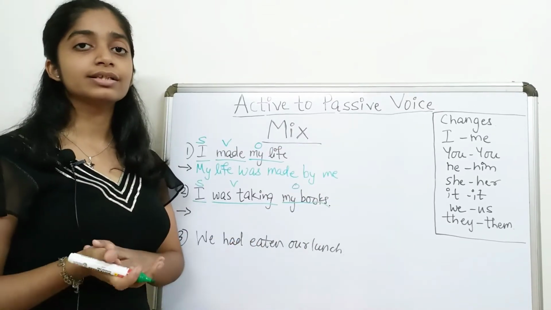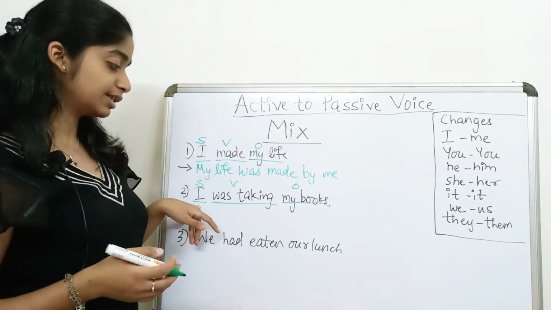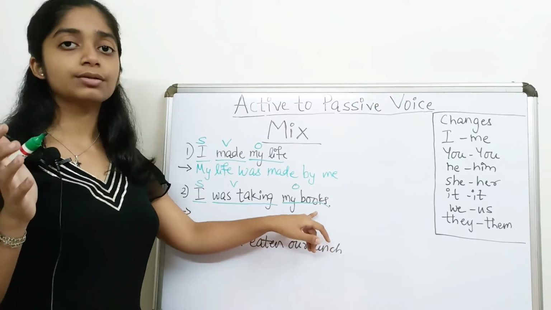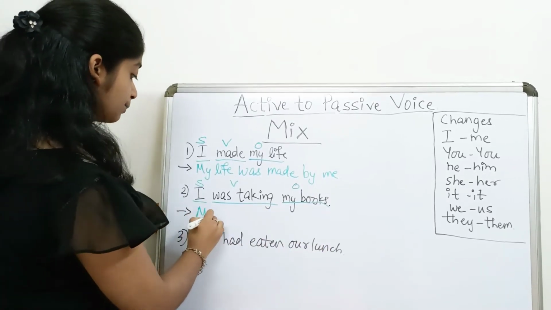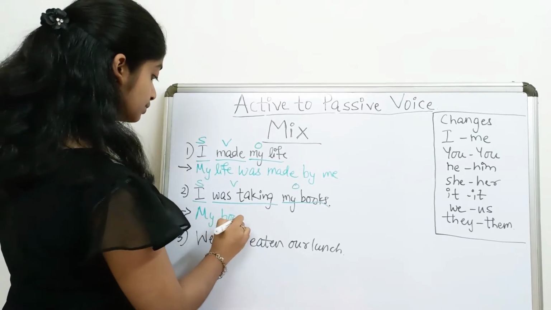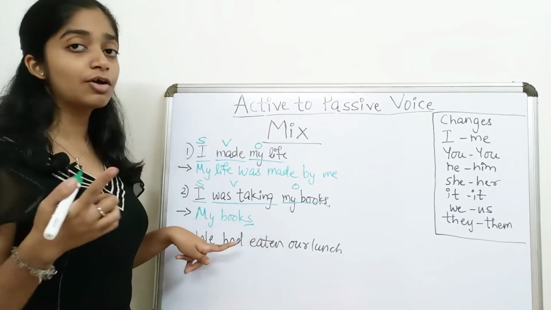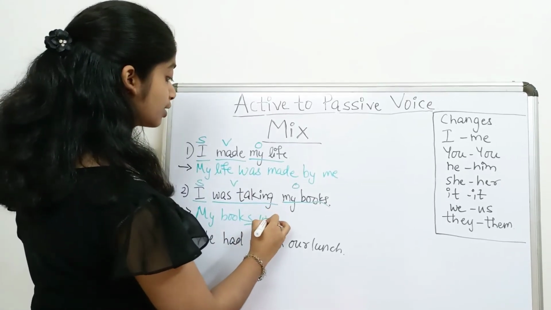So the next one is I was taking my books. I is the subject, was taking verb, and my books object. My books will come at the first. Now books has an S, therefore it is plural, and therefore we will use were.